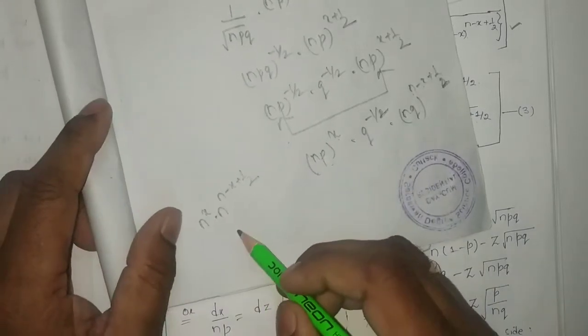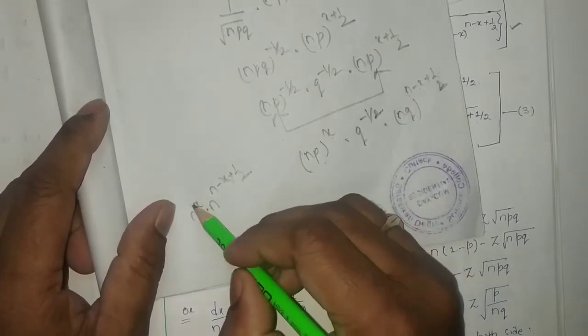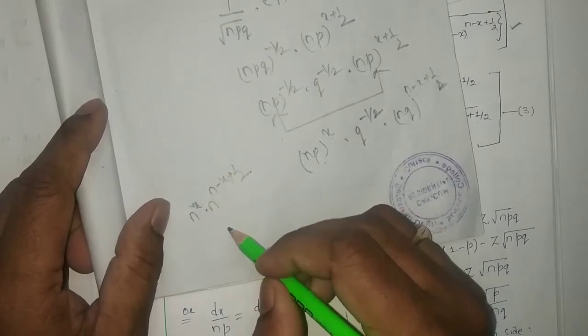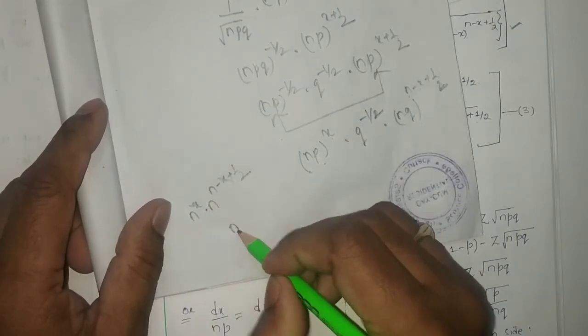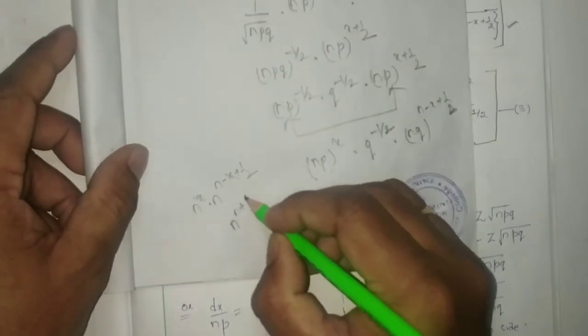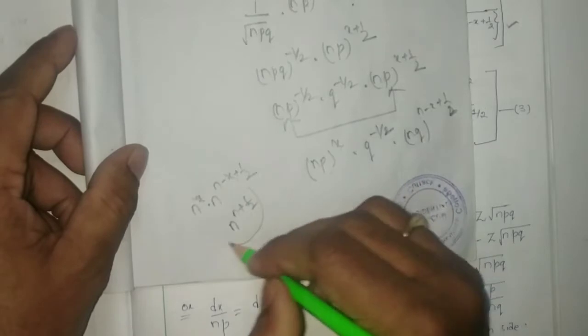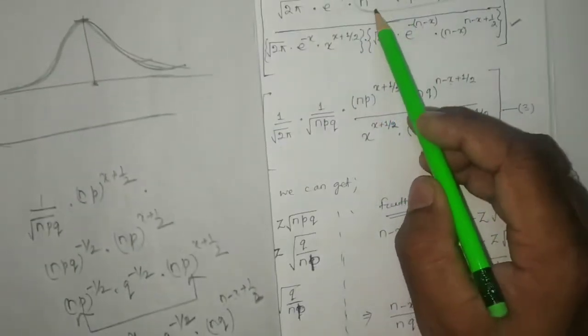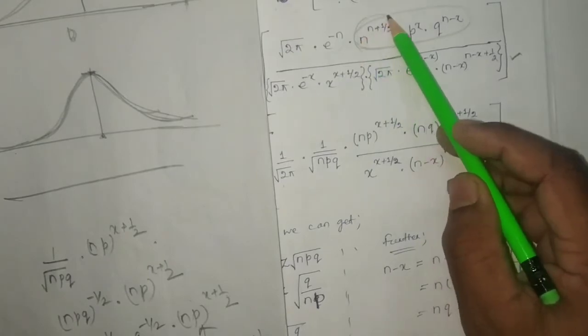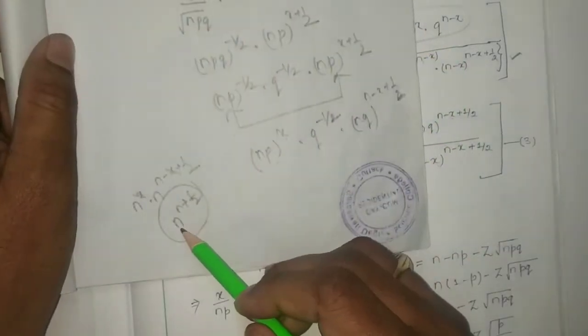So here x got cancelled, and we are going to get n to the power n plus 1 by 2, whatever we have here.